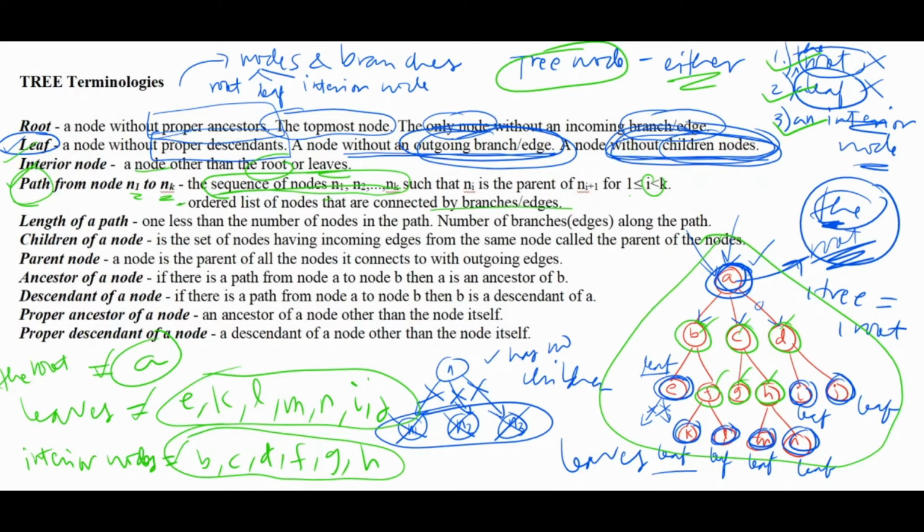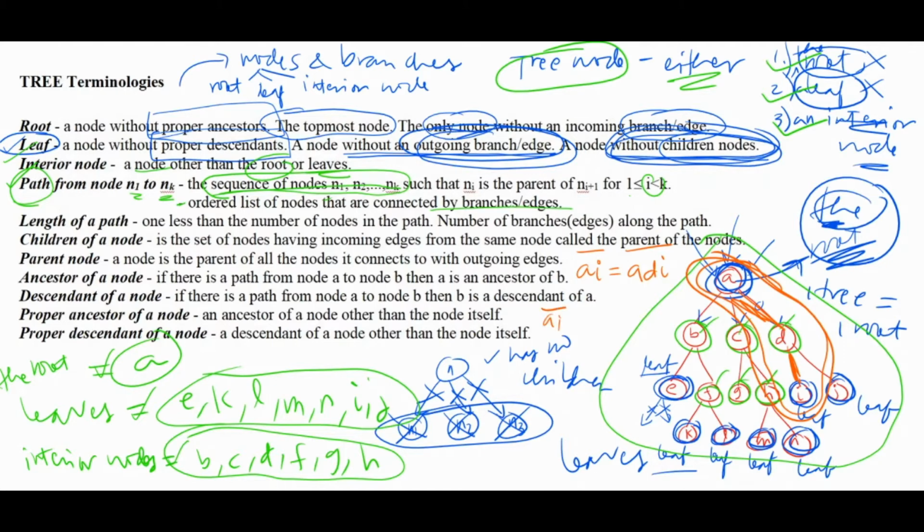Is there a path from A to I? Yes, there is. And what is this path? A, D, and I. So there is a path from A to I via D. So we call this a path from A to D, D to I. So this is the path from A to I. We could denote it similar to the notation of a line segment in mathematics.